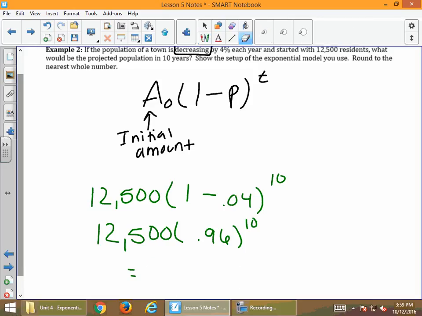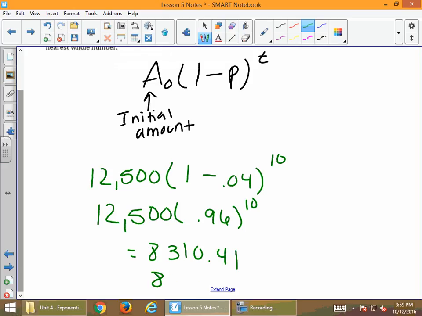That's the population, that's not money. You just get 8,310.41. When you round to the nearest person, though, the whole number, we can't have 0.4 of a person. This is your final answer.